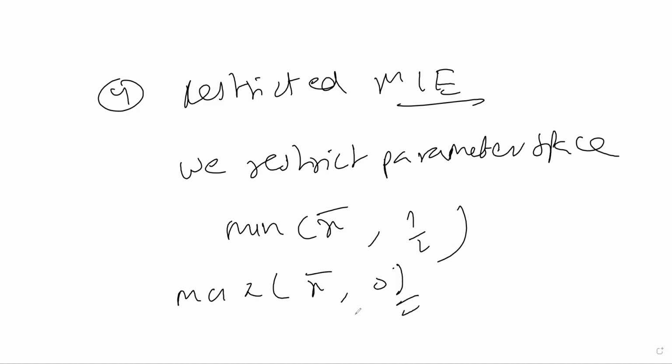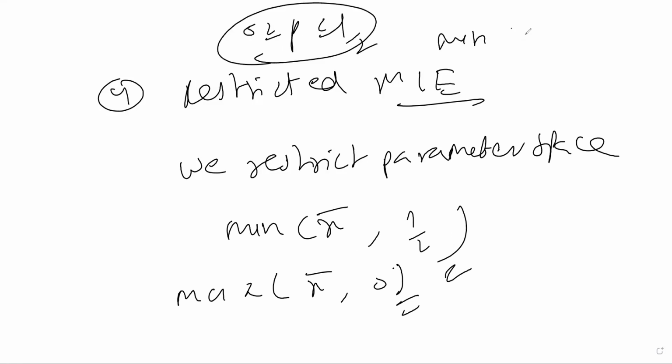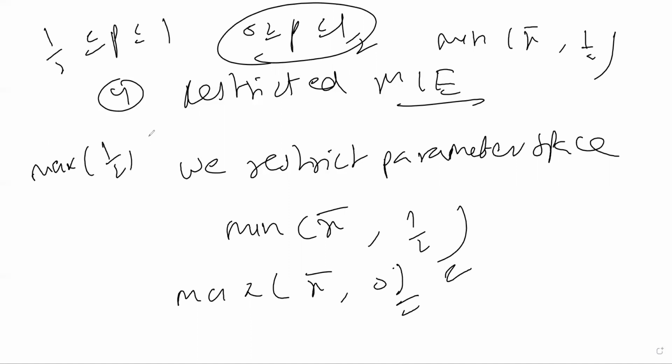This type of answer you will get, and it depends on the question. If the range is 0 to p to half, then it is minimum of x bar comma half. If it is half to p to 1, then it will be maximum of half comma x bar. Okay, so today we discussed all these things. So I think we should end the lecture here.